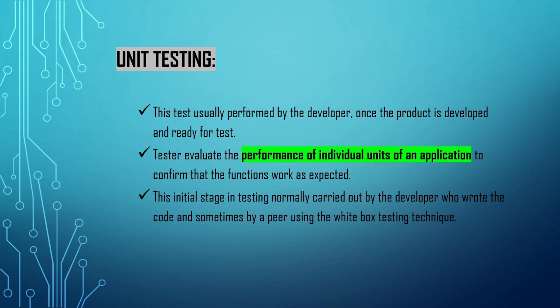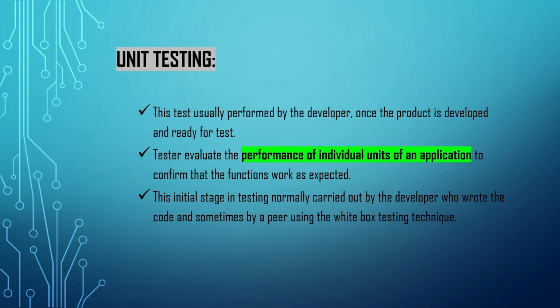As the name suggests, unit testing means you are testing a small, individual unit of that particular application. Let me give you a very easy example. In your requirement document, let's say you have 100 requirements.